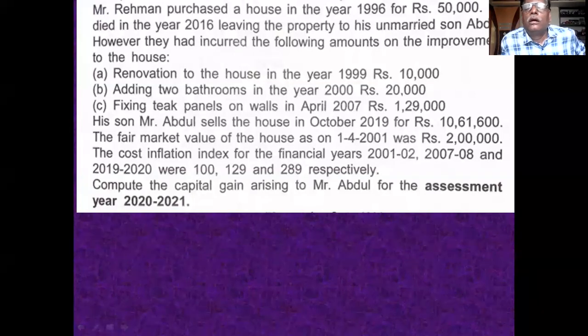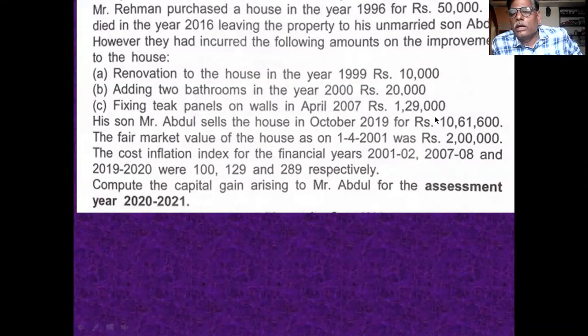And 1,29,000 is the amount; by the application of the index, multiply by the current index and divide by the index of the year of improvement. You have to calculate the indexed cost. 1,29,000 is the cost. Then how to calculate the indexed cost?